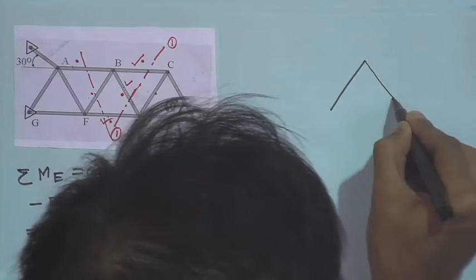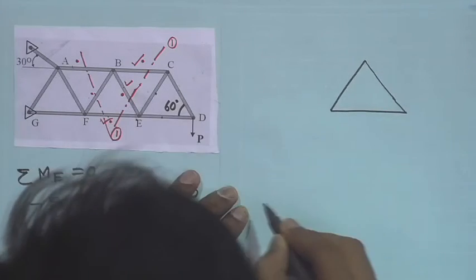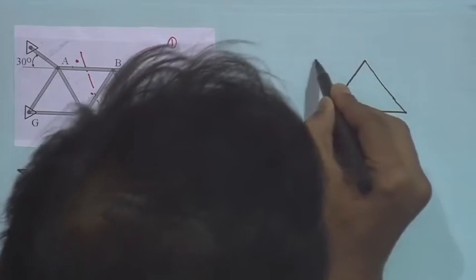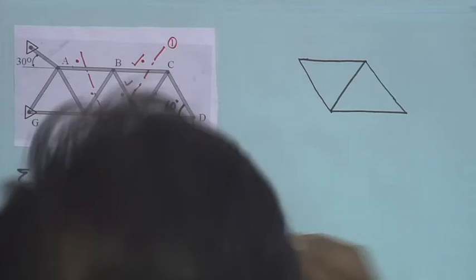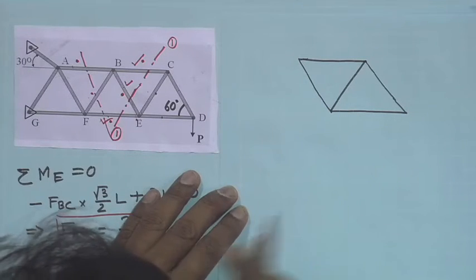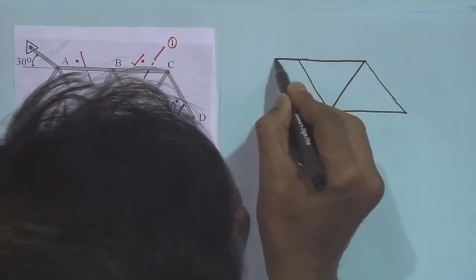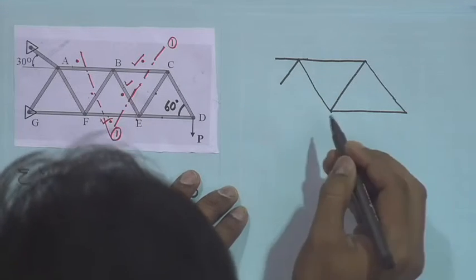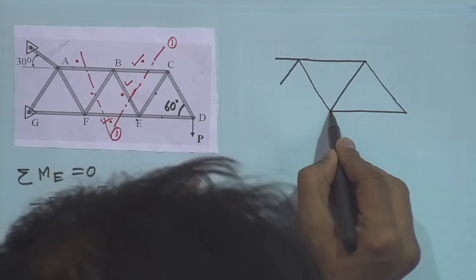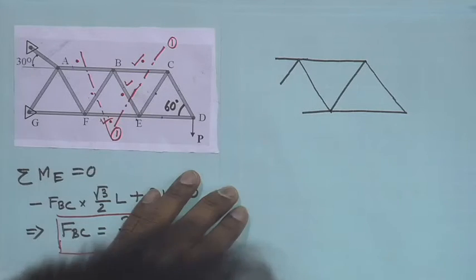This is triangle ECD, then another triangle, this is BCE, and then AB, BF, and then EF.